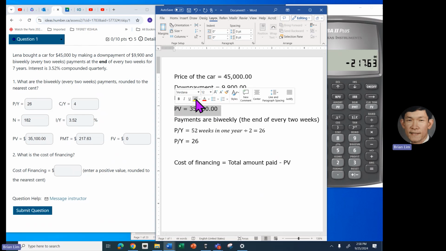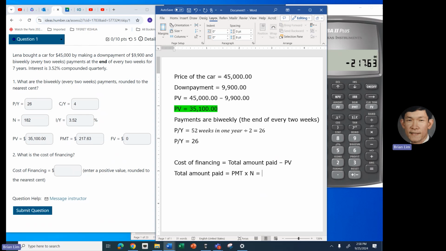If you wish, you could put that in green. So the total amount paid is what? The total amount paid is equal to the amount of each payment multiplied by the number of payments, correct?